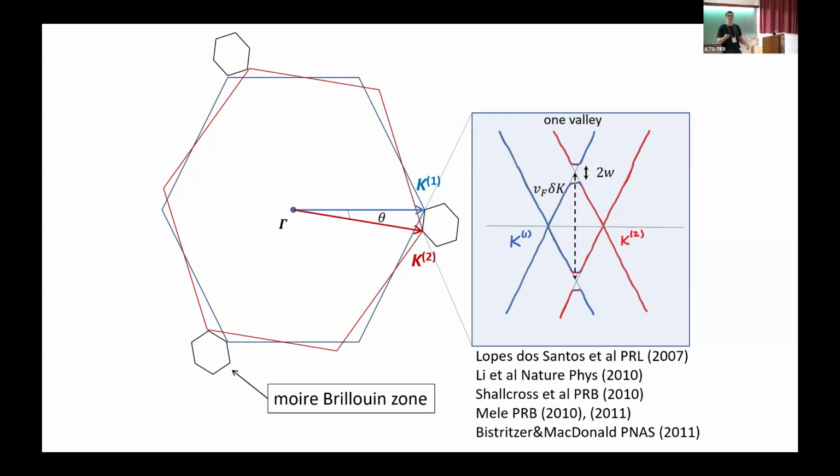As you tune the twist angle, you change the distance between this K1 and K2, and therefore move this energy scale until you find the value at which they are comparable, and you obtain this flattening. So you can control either W or VFK theta in principle. Of course, in the experiment, what you typically control is VFK theta because you control the twist angle.